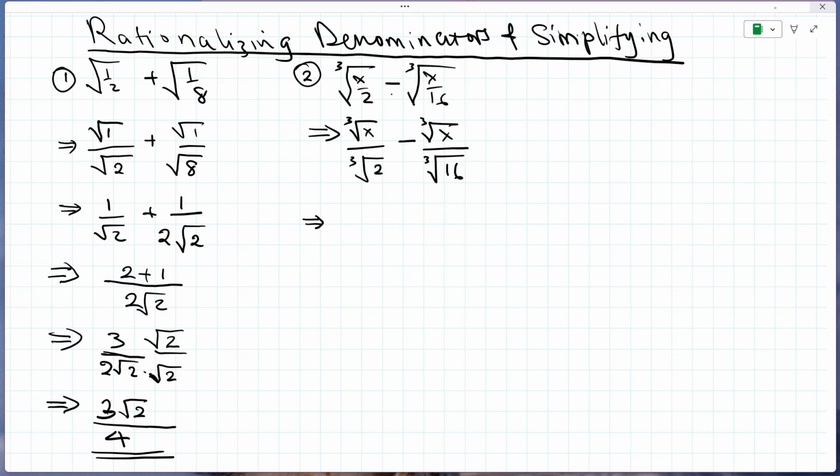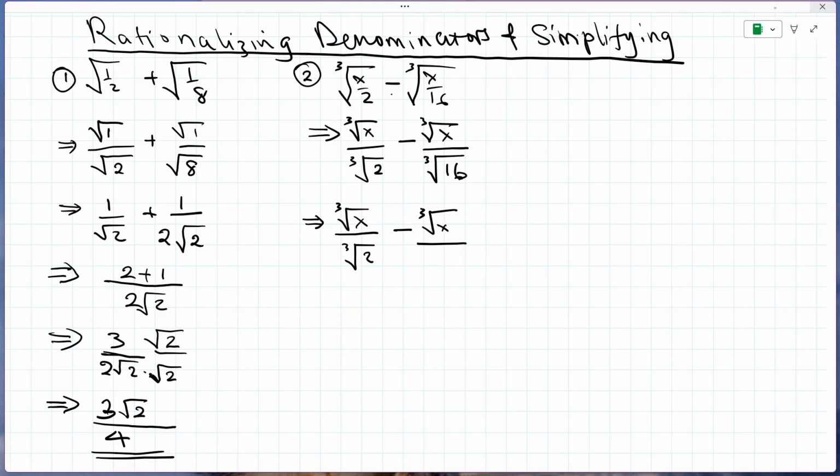This is as simple as it gets. So we have cube root of x divided by cube root of 2 minus cube root of x divided by cube root of 16.